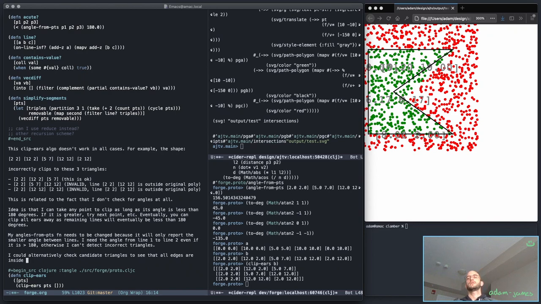I can't do that because I check if lines are inside things based on the clip ears thing. So I can't do that because this is happening inside the clip ears algorithm. They would have circular dependence.